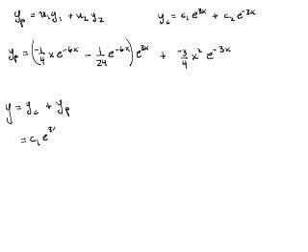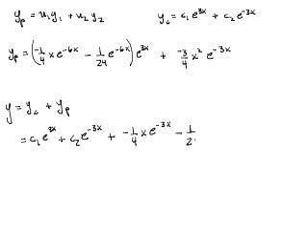So c1 e to the 3x plus c2 e to the minus 3x plus, now let's see, if I multiply this e to 3x in here, I get negative 1/4 x e to the minus 3x minus 1 over 24 e to the minus 3x minus 3/4 x squared here. Okay, and this is the solution.